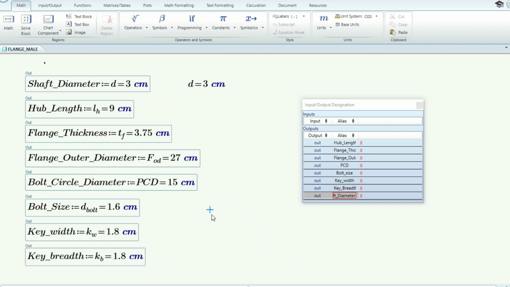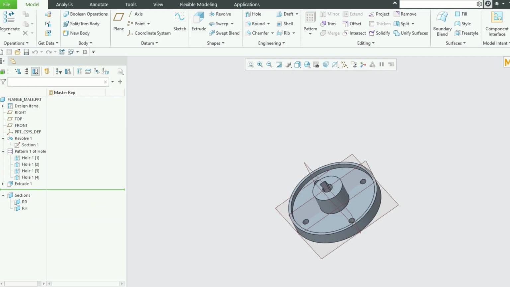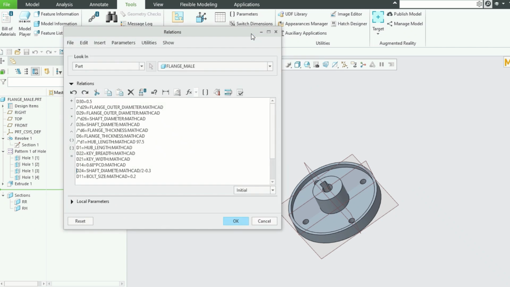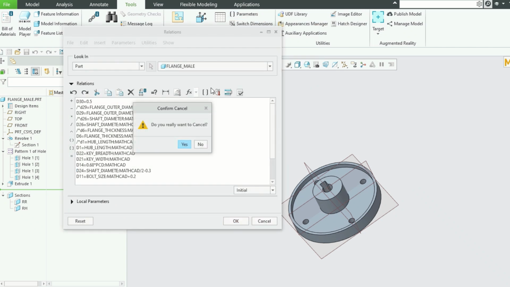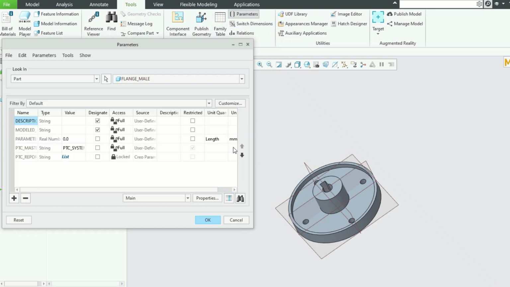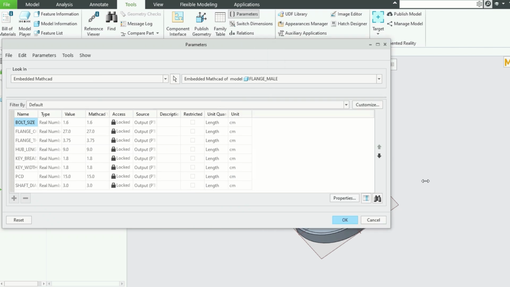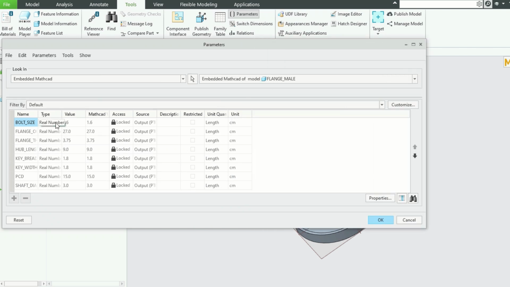Now we can go and see that this design parameter has been applied there. If you go there and see the parameters and look inside the model, see these things. The bolt size is 16 mm, it's 1.6 centimeter.